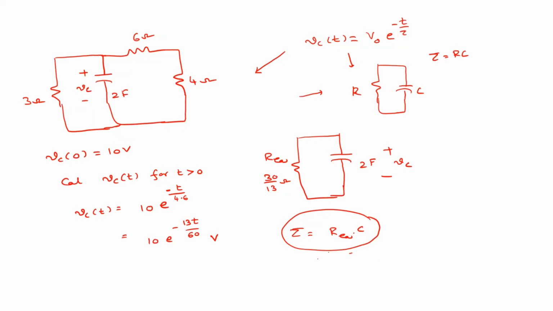Someone may ask a question something like this. For example, what is the voltage across the capacitor at t equal to 0.1 second? How to solve this one?